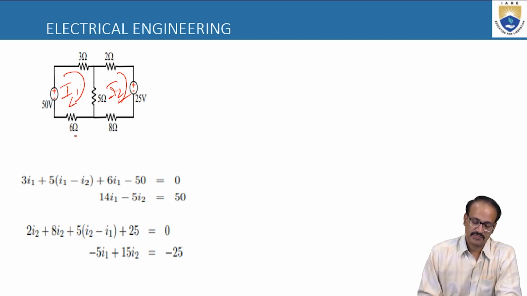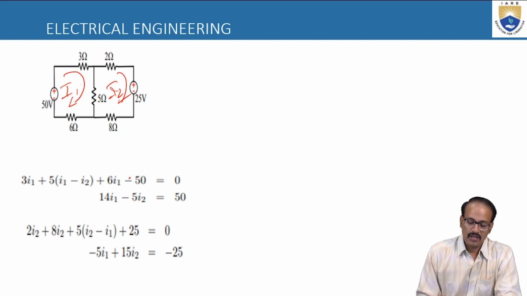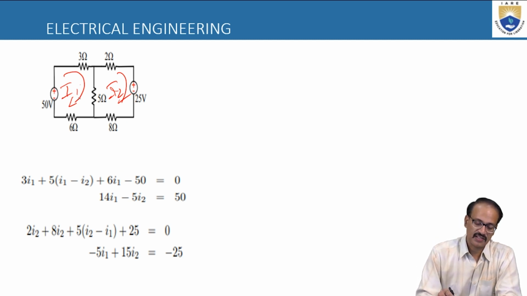Plus 6I1. The current in the first loop is I1 and the current in the second loop is I2. If I go in this direction, clockwise, I can observe the minus sign, so I will write minus 50.